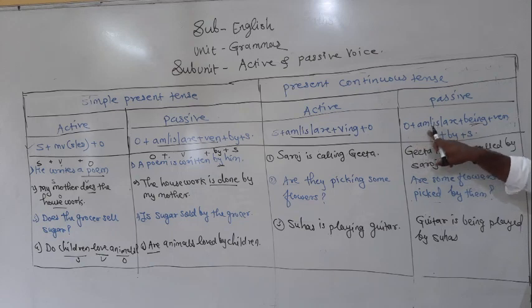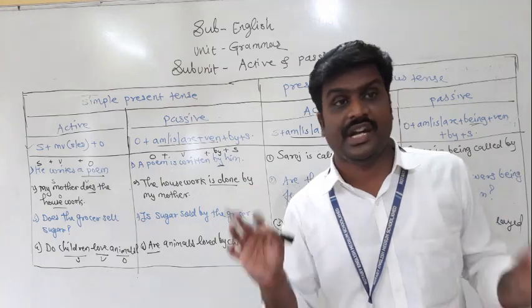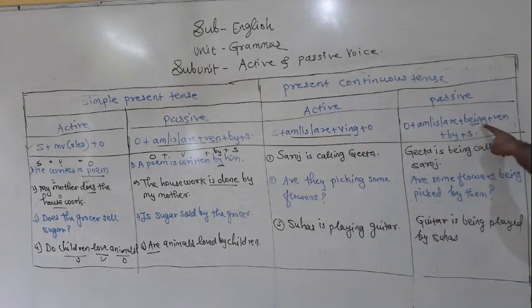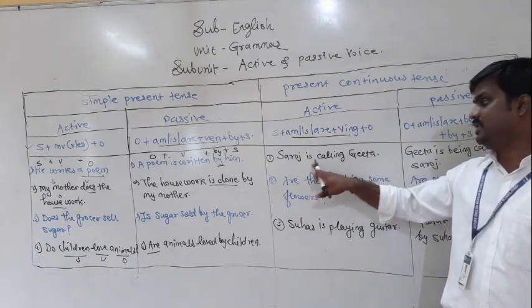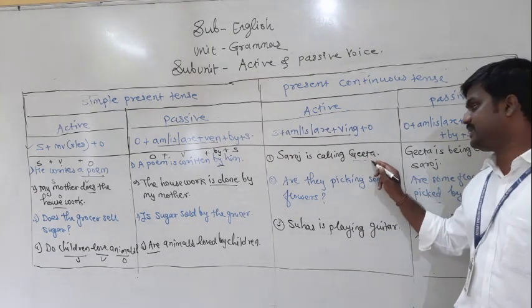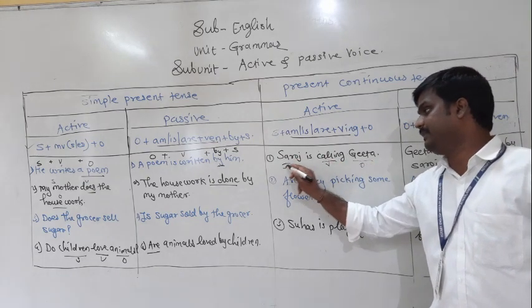So object plus am, is, are plus being. You have to add being in a continuous form. Do it with the present continuous, do it with the past continuous, do it with the future. In a continuous form, you have to add being. See here, Geeta is being called by Saroj. Here the original is Saroj is calling Geeta. Geeta is an object, calling is a verb and Saroj is a subject.